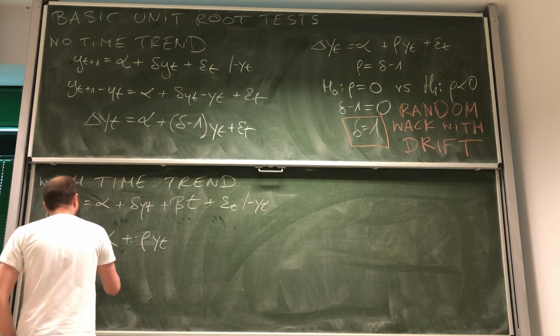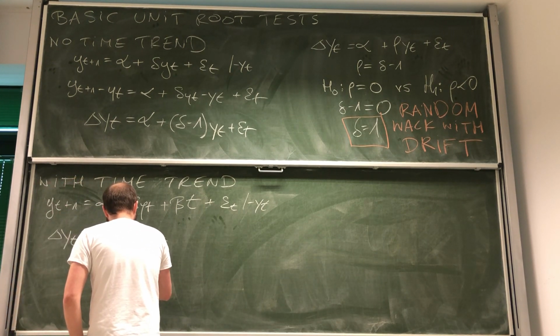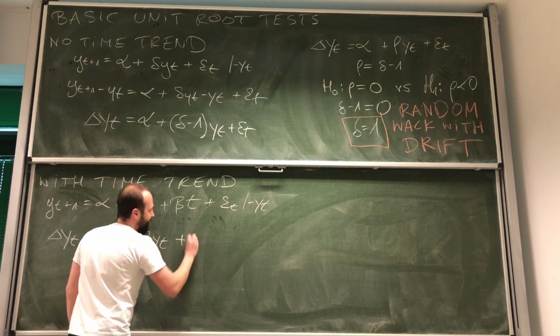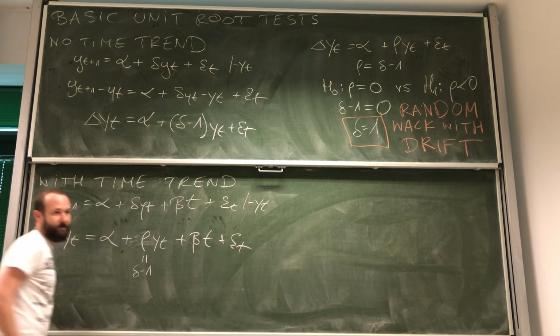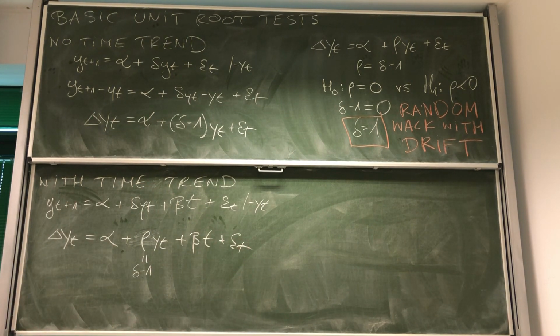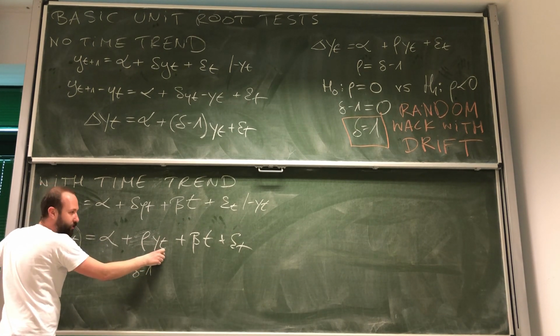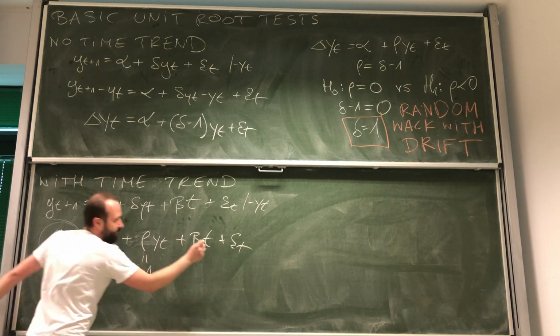And we remember, of course, that rho is equal to delta minus 1. And of course, now we have beta t and a disturbance term. Okay, and this is an equation we can easily estimate, right? What's the problem? We take changes in GDP and regress them on a constant, the previous value of GDP, and a time trend.